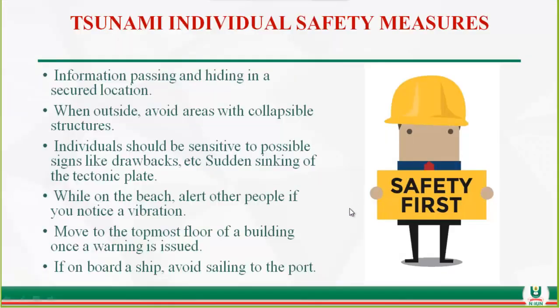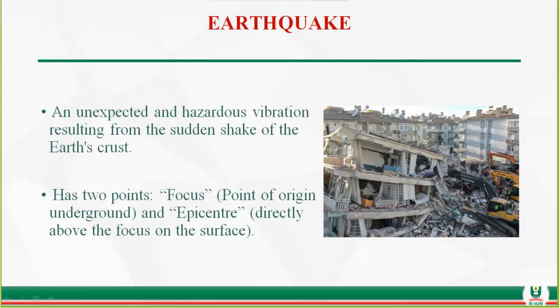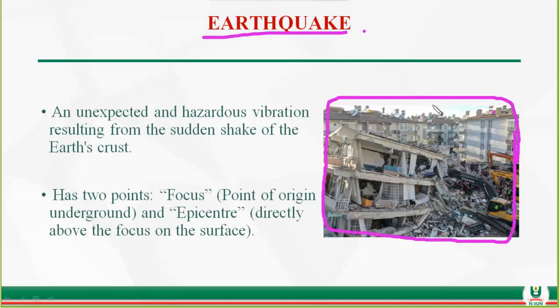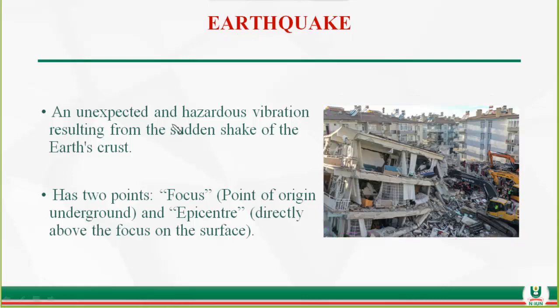Let's take the next one, which is earthquake. I have a picture here showing rubble of a collapsed building as a result of an earthquake. What is an earthquake? It is usually unexpected, which should give you a hint that it is not predictable. You cannot really predict when it will happen.